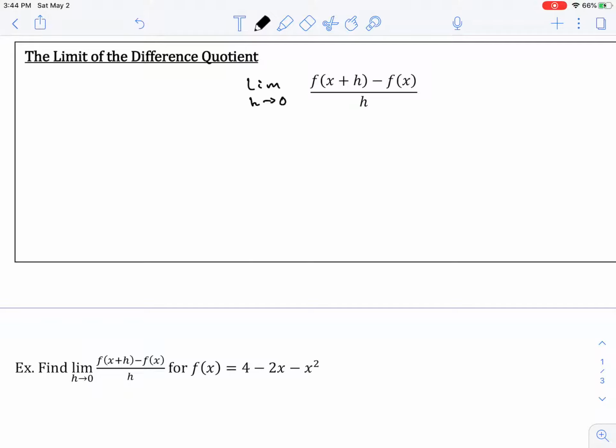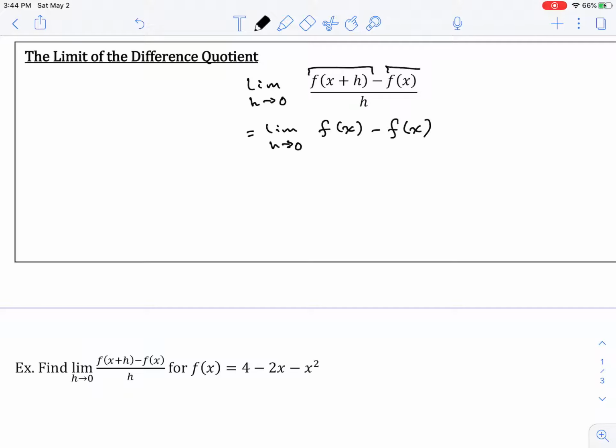Well, think about what's happening here as h approaches 0. As h gets closer and closer to 0, and you can even think about this using direct substitution if it makes it easier. If h is equal to 0, then we can say this is equal to the limit as h approaches 0 of, if h is 0, then all that's left up here is just f of x.